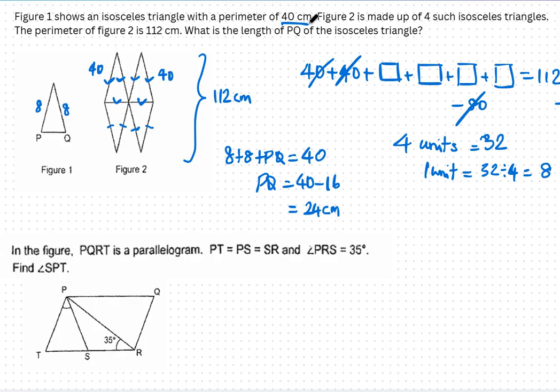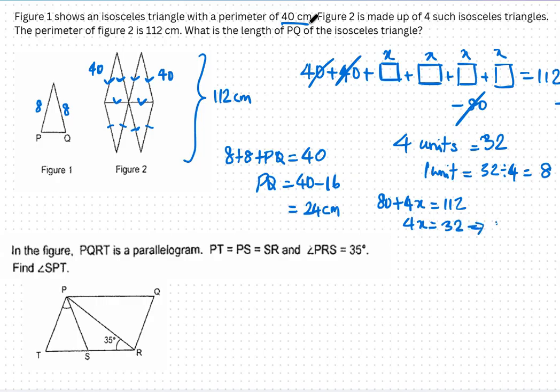Hope it was useful. If you are using algebra, instead of using these boxes, just replace them with x. So 80 plus 4x is equal to 112. The 80 cancelling on both sides gives us 4x is equal to 112 minus 80, which is 32.